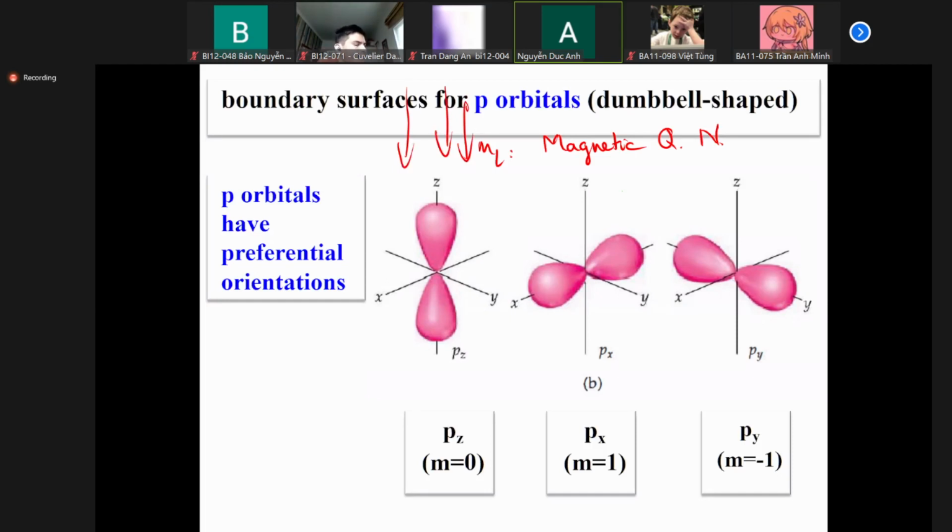Some orbitals like pz will not be affected by the outside magnetic field, but if the orbitals stay in another orientation, they will be affected. Some orbitals will be paramagnetic: all the intrinsic magnetism of the orbital will be in the same direction as the outside field.